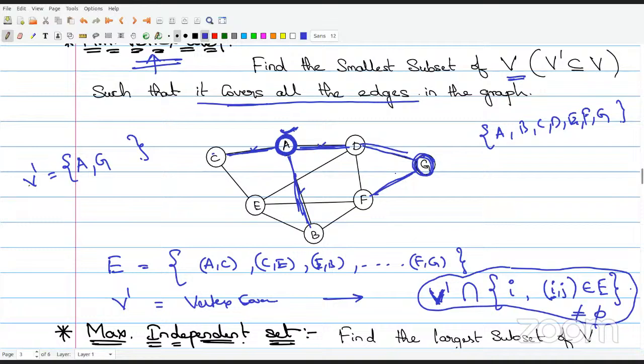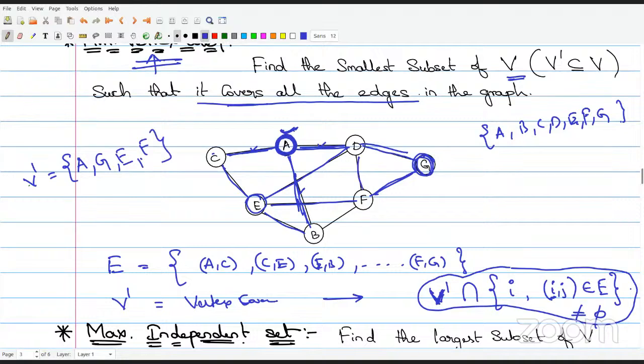Still I have to cover the remaining edges. E will cover EC, ED, EF. If you have picked D, this will cover CE, ED, EF, EB. Still I have to cover BF and FD. So I can pick F.